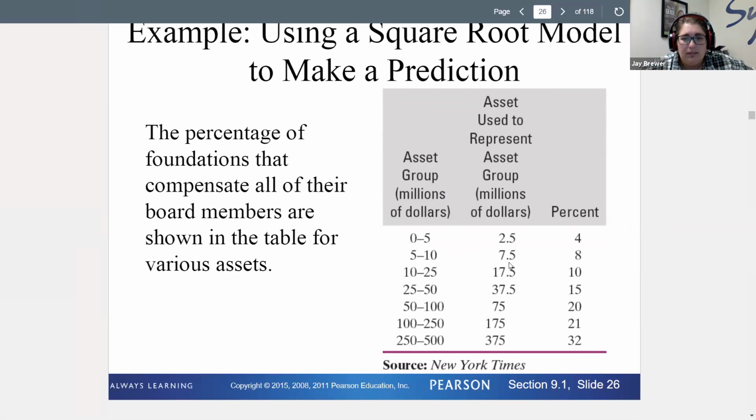What they basically did here was find the class range midpoint. They took the class range and found the midpoint. Obviously, you guys know from when you did your scatter plots that you can't put in 0 to 5. You have to have some kind of class representation. So all they do is find the midpoints, and that's what they use. So when they put this in to do their scatter plot, they use the middle column and the last column, okay?